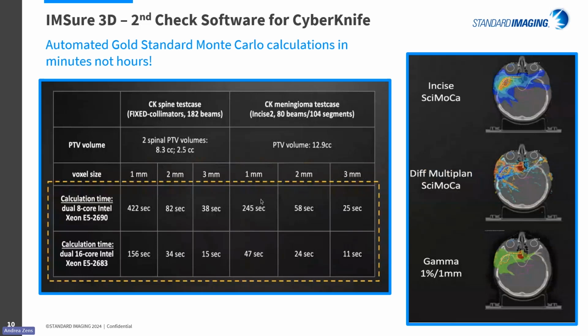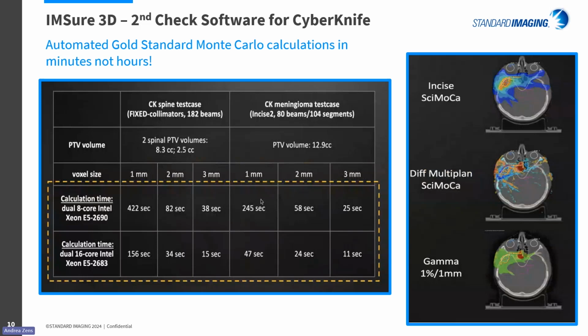When the plan QA calculation is complete, and it's quick with this Monte Carlo algorithm, the user is automatically alerted. And then that means that the user only needs to interact with the QA analysis and reporting tools that are built into IamSure 3D. CyberKnife calculation times typically take 1 to 3 minutes due to their high resolution. Needless to say, though, a couple of minutes versus hours makes IamSure 3D a highly desirable patient QA solution.